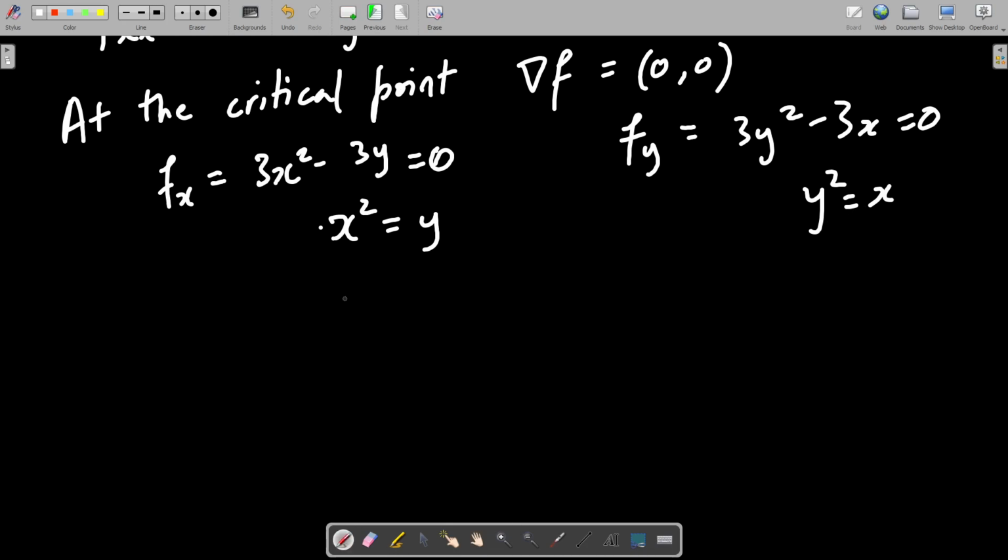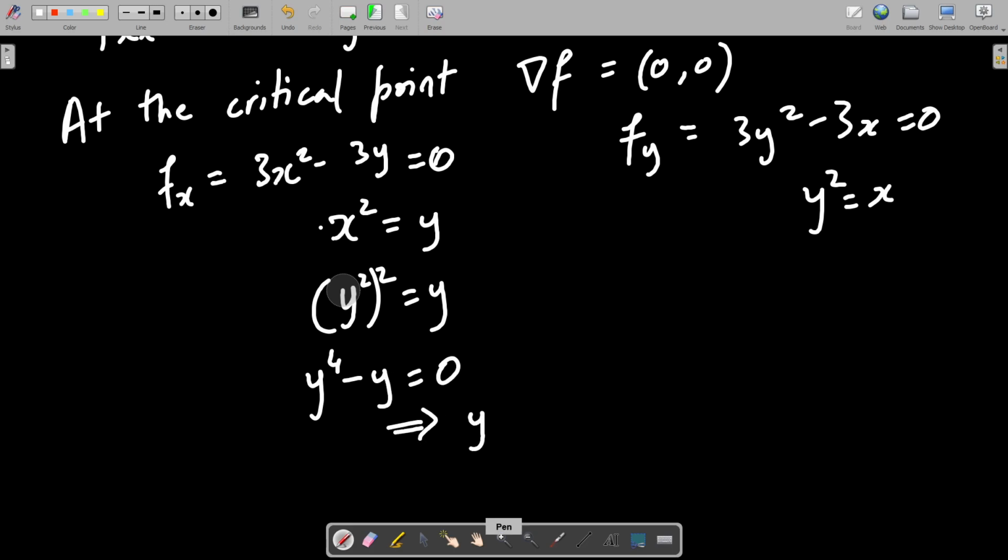So this will become y raised to 4 minus y is equal to 0. So this will imply that y into y cube minus 1 is equal to 0.